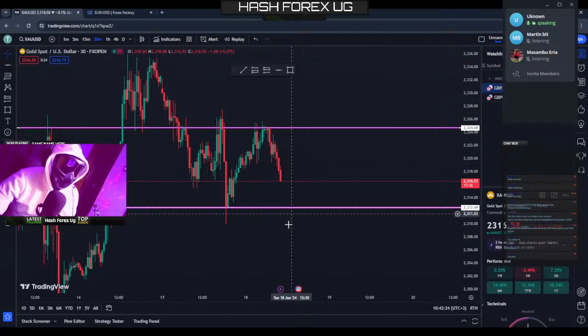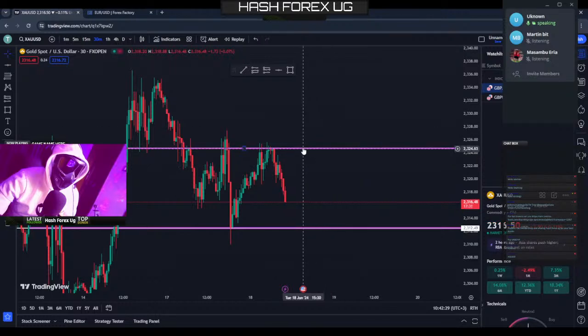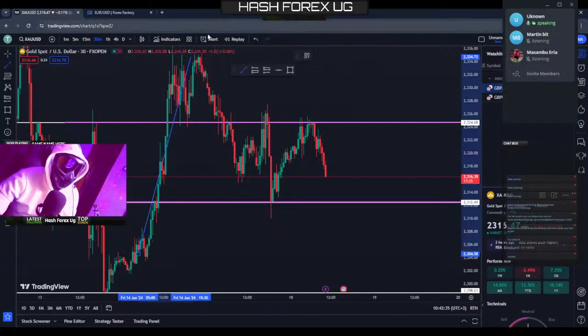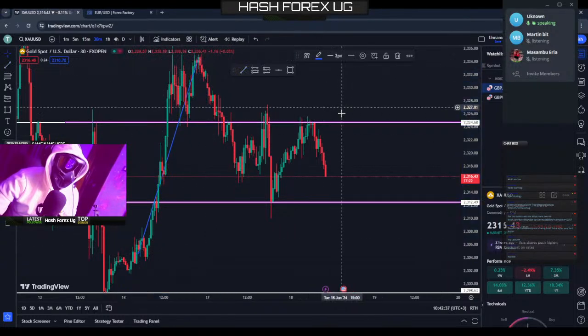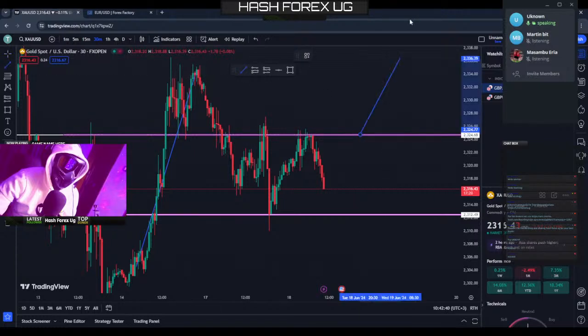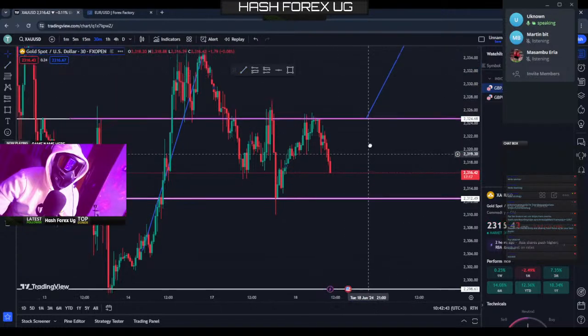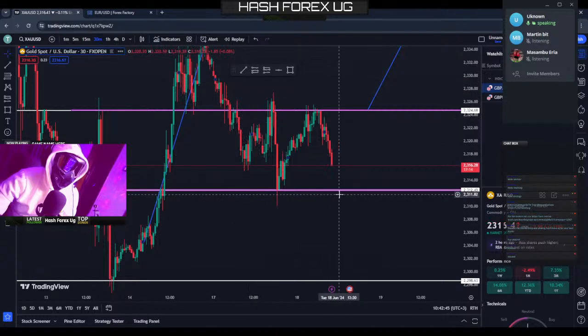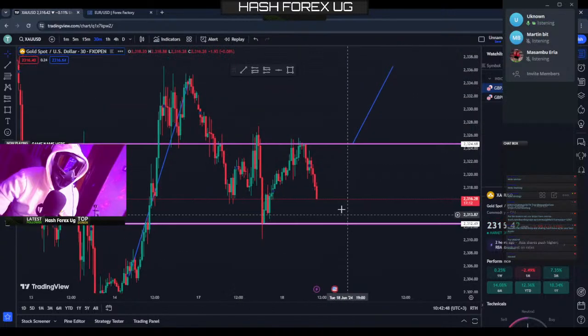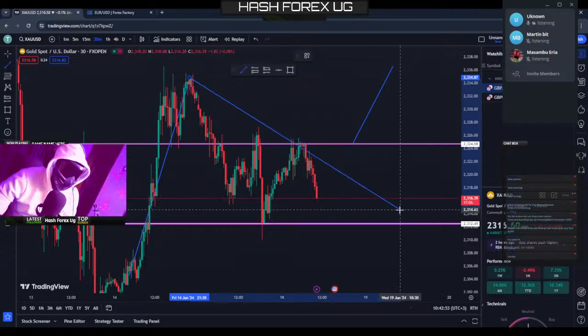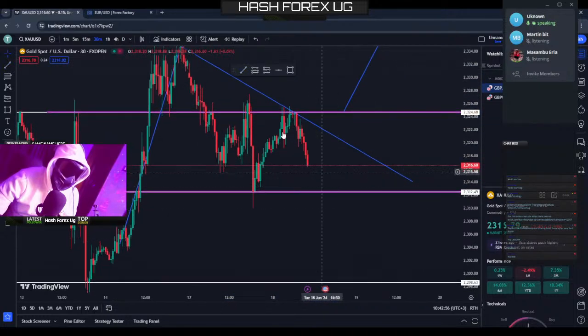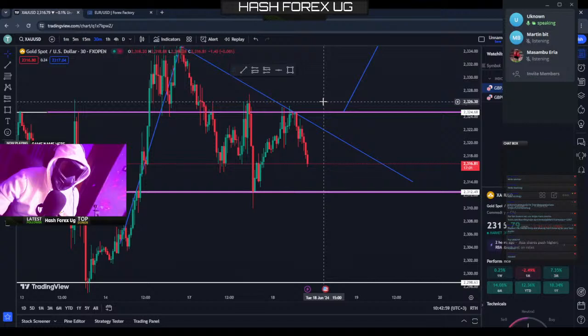So you need to see gold breaking above this zone to see a continuation to the upside, because we are seeing this market giving us this impulse here. So if we are to break this zone here, we are most likely to continue to push up there, and then if it breaks this zone here, we can be having this continuation of this downtrend, kind of a pullback, which can pull back up to this zone here down.